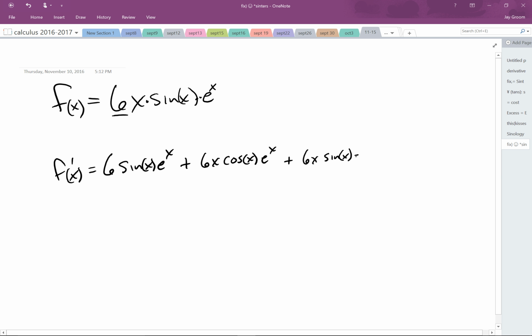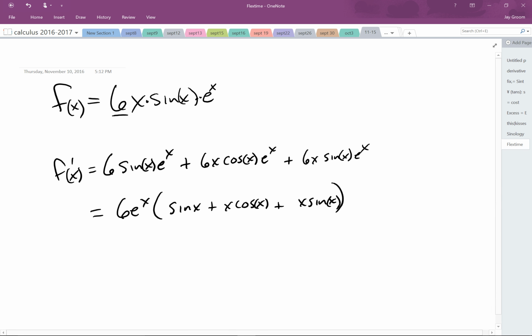What is the derivative of e to the x? Why, it's e to the x. Bam. Now, what do they have in common? They got a 6 and an e to the x in common. And that leaves me with sine x plus x cosine x plus x sine x.